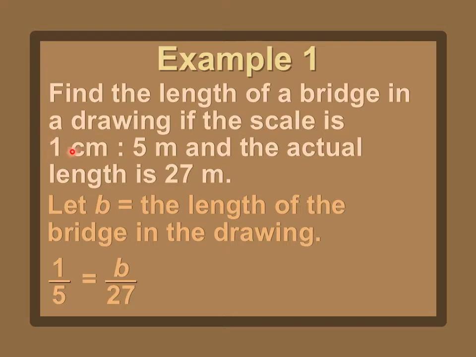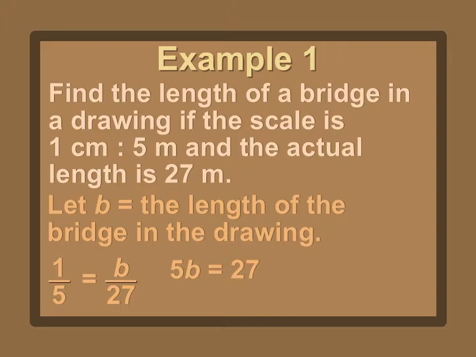That means they're talking about the drawing, which means that the numerator on the second part is also going to be talking about the drawing. Well, we don't know the drawing. In fact, we let B be the drawing, right? So that means the second part is real life. 5 meters was in real life. So the second part is in real life. Well, for our question, it's 27 meters. So that's why we put 27 on bottom.